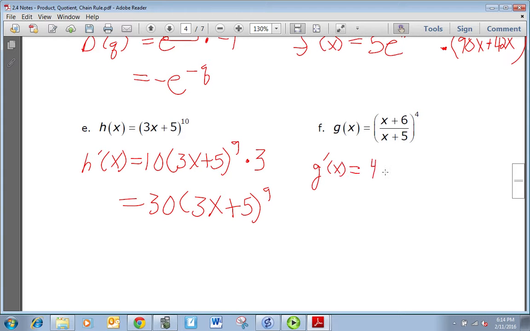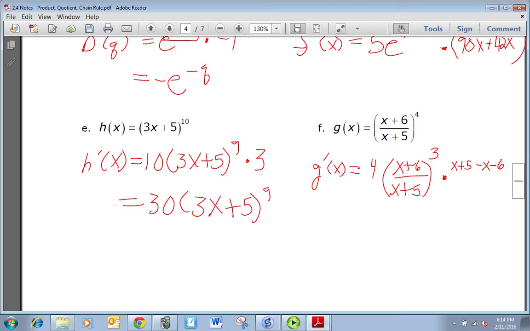So we're going to get 4 times the inside all to the 3rd power, and then times the derivative of the inside. The derivative of the inside is the quotient rule. So it's the derivative of the top, which is 1, times the bottom. So you just get x plus 5. Then minus the derivative of the bottom, which is 1, times the top. So you get minus x and minus 6.